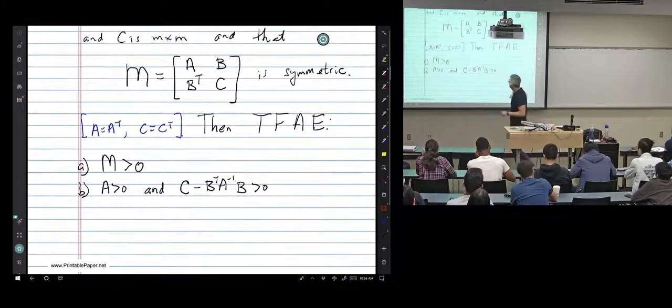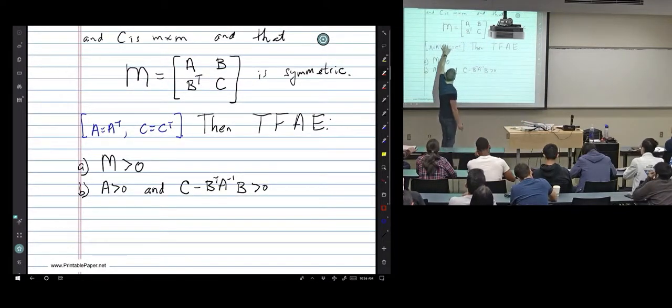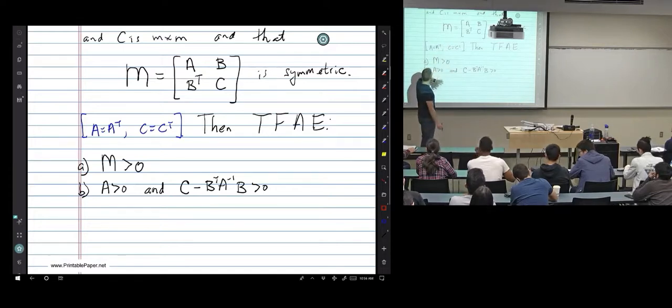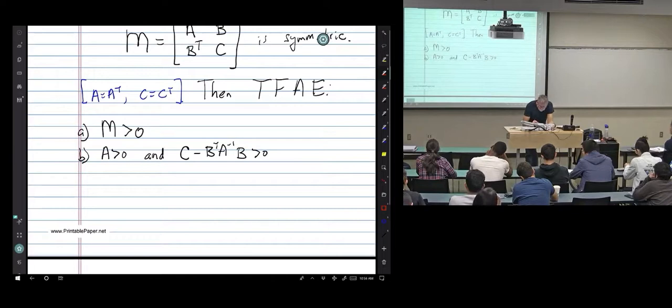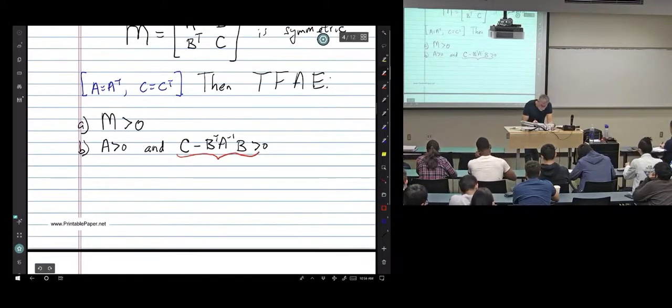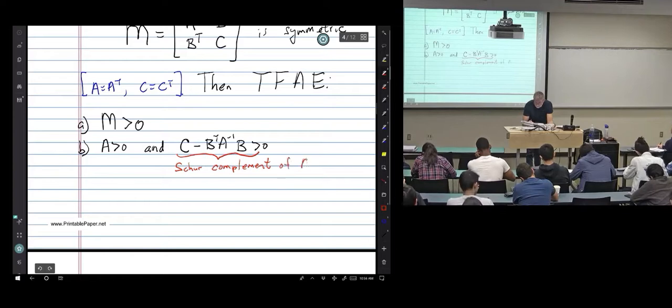Okay, so we're breaking the calculation for M down into sub-blocks. A, check positive definite, and then C minus something. So this thing has a special name. Okay, this is the Schur complement of A in M.